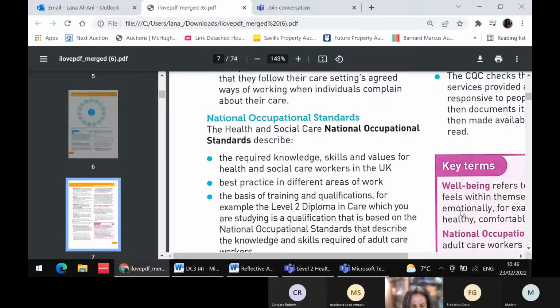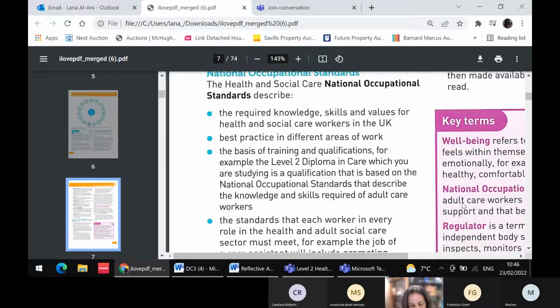What are the National Occupational Standards? Do we know what they are? They discuss all the required knowledge, skills and values for health and social care workers, and also discuss best practice in different areas of work.